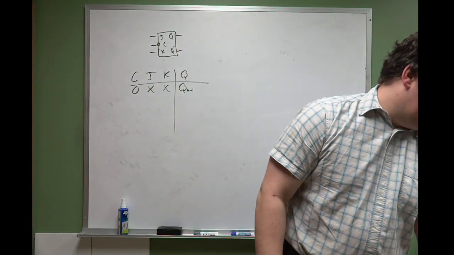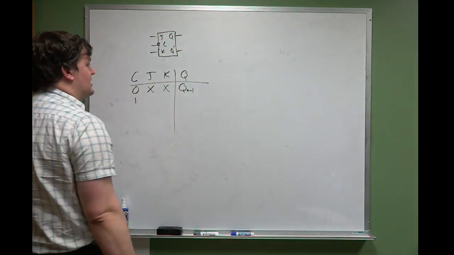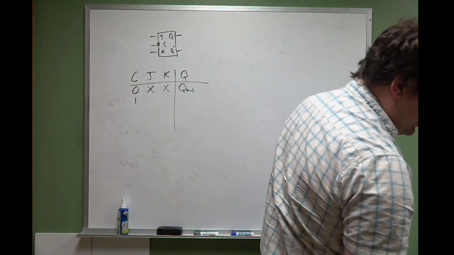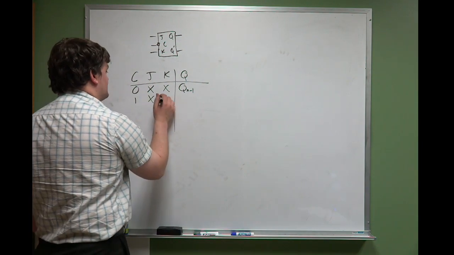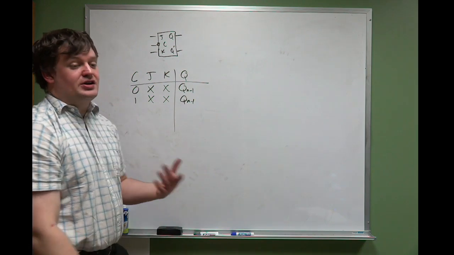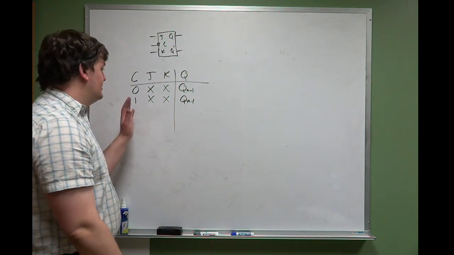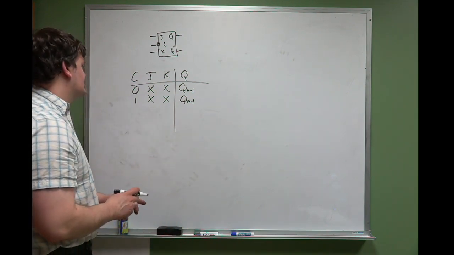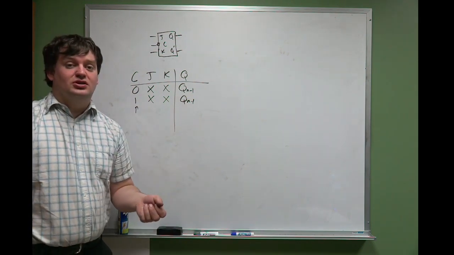Okay, so when the clock signal is on, with a JK flip-flop, this is an edge-triggered JK flip-flop. Again, nothing happens. You can have it be where it's not an edge-triggered JK flip-flop, or not even a clocked flip-flop, but this is the one that the book gives you. I'm going to make this a positive edge-triggered flip-flop, so it detects a positive leading edge.